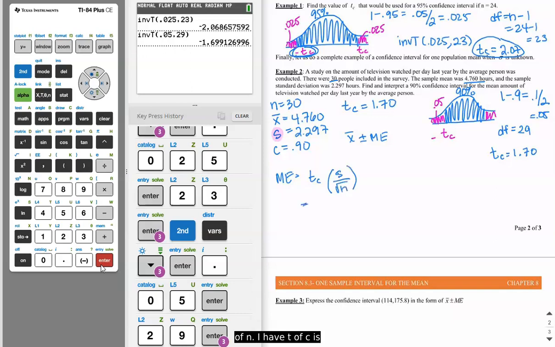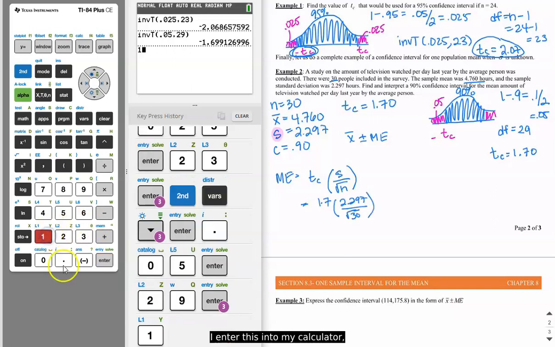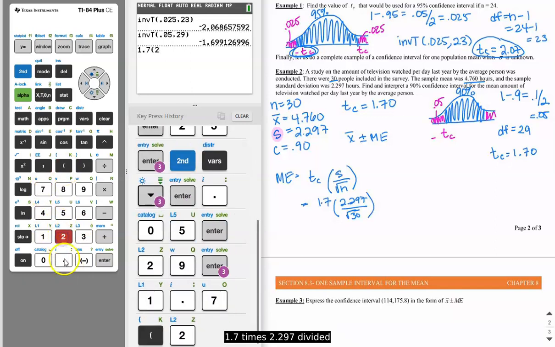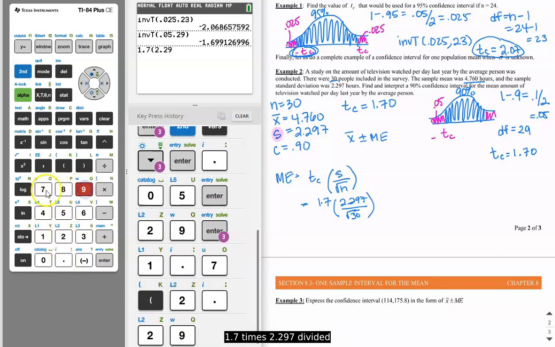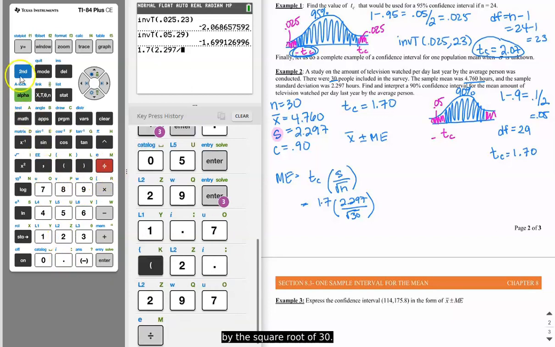So I have t_c is 1.7 times 2.297 divided by the square root of 30. That'll tell me my error. So I enter this into my calculator, 1.7 times 2.297 divided by the square root of 30.